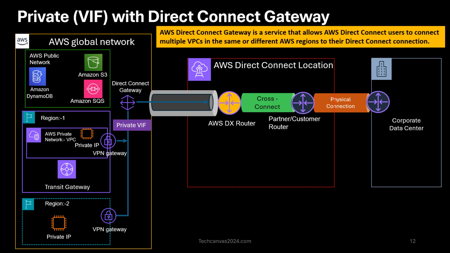Direct Connect Gateway is a globally available resource that you create in a specific AWS region. It provides a grouping of virtual private gateways and transit gateways that belong to your account. You associate a Direct Connect gateway with the virtual private gateway for a VPC.